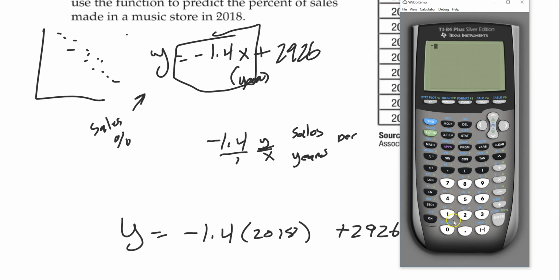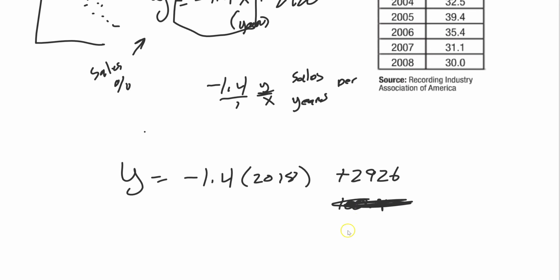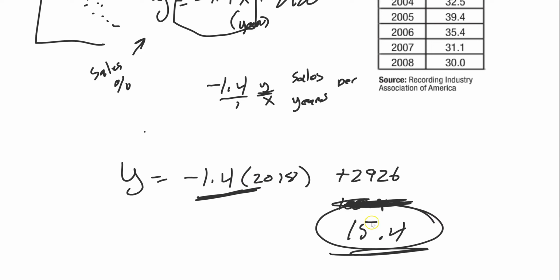So negative 1.4 times 2018 plus 2926. And I get about 100%. So I made a mistake somewhere because that is wrong. It should be about 15.4%. I think I rounded it too far, but I went back and plugged it in, used the calculator, and I got 15.4.